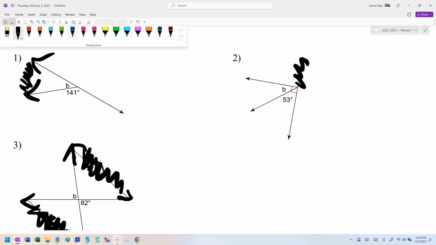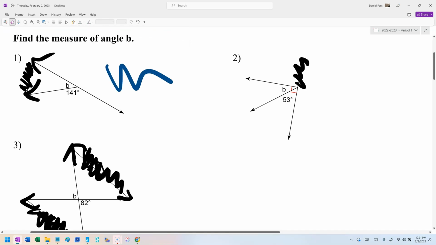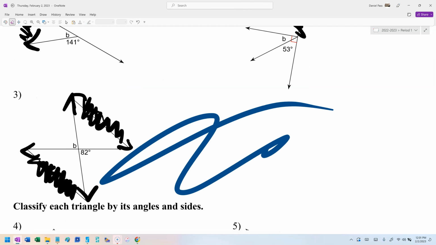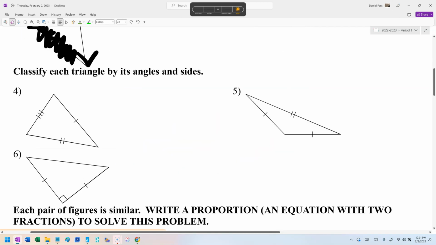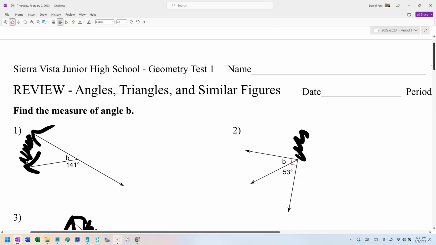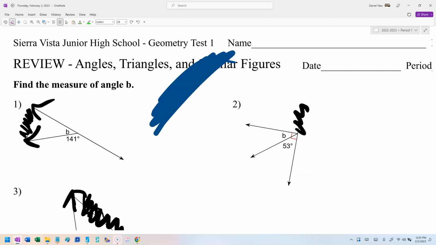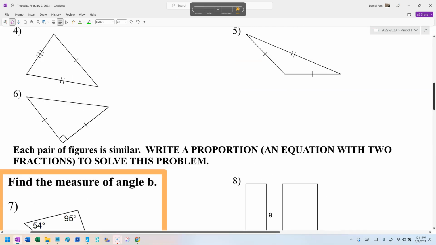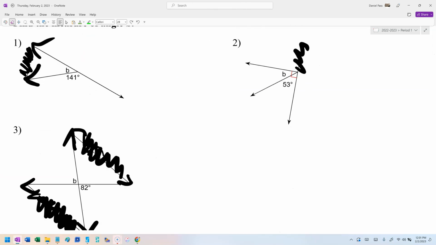Do we have purple? Is that purple? Or is that blue? That's like violet. It looks different on here. Let's find a purple for him.